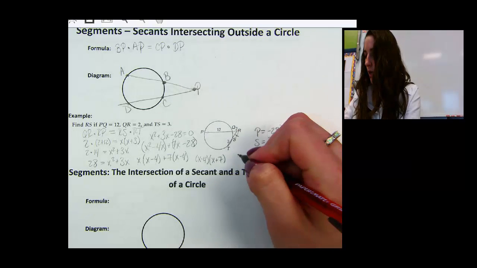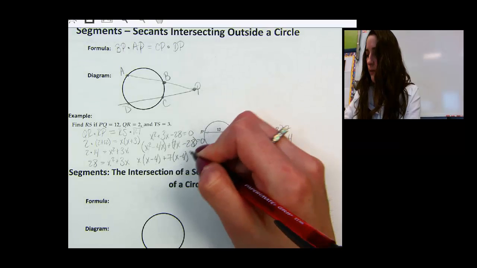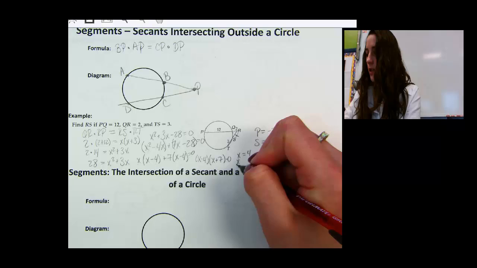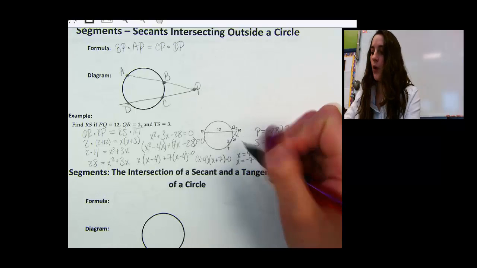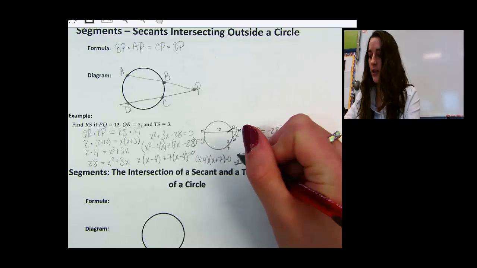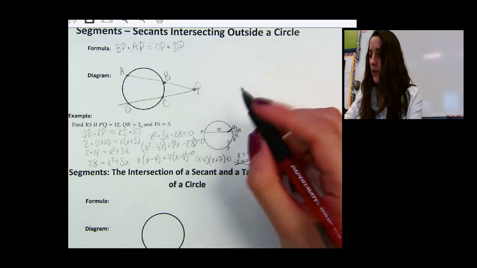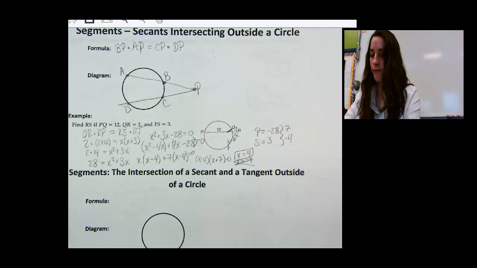So I'm going to get x equals 4 and x equals negative 7. Well, I can't have a negative length for a line segment, so x equals negative 7 is out. So that makes the length of RS equal to 4.